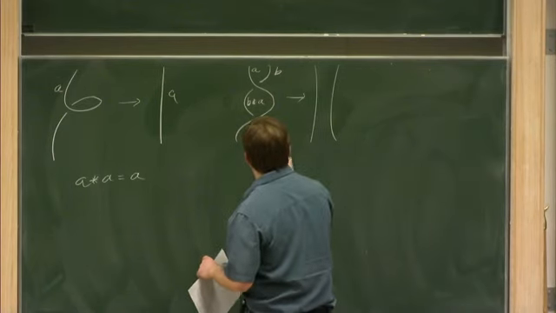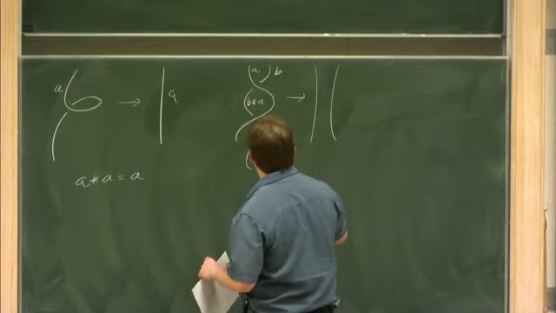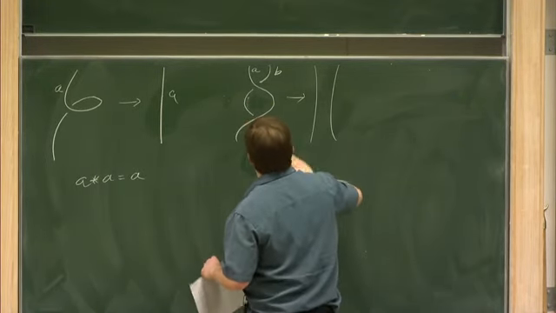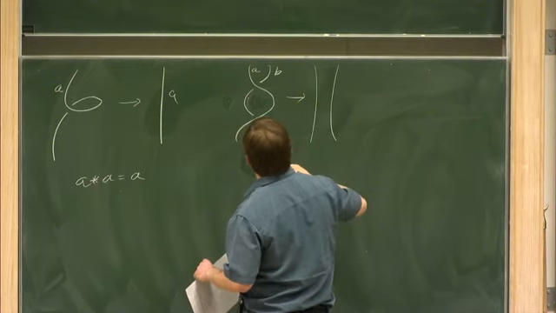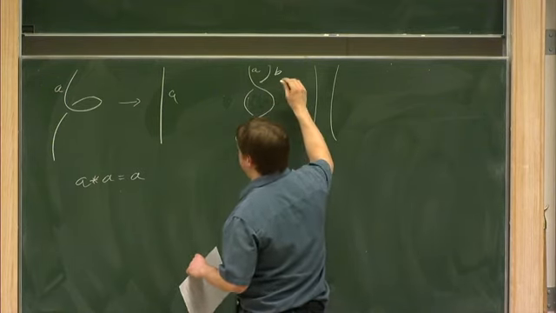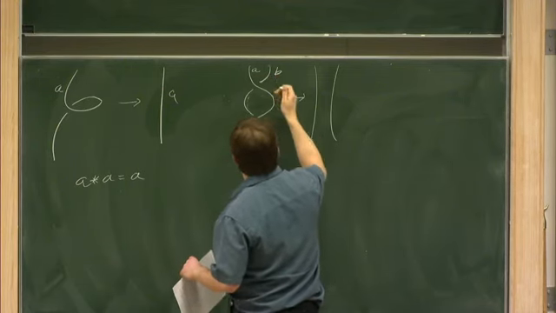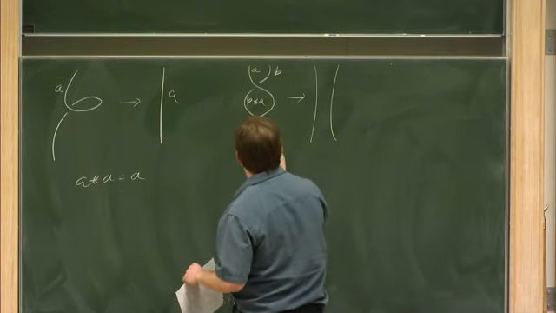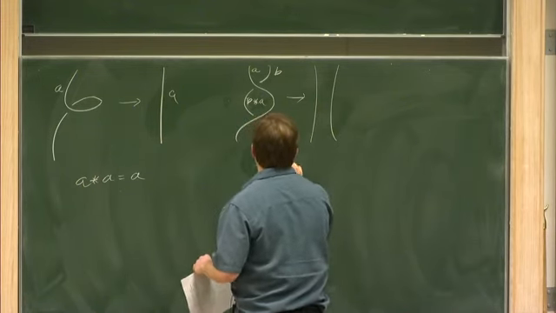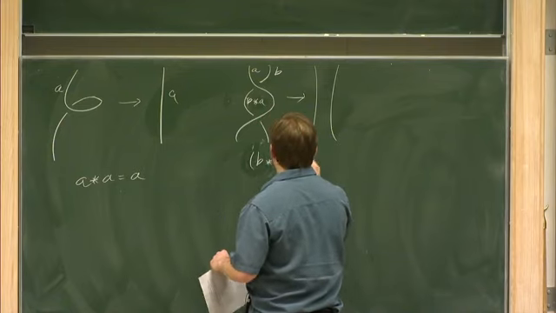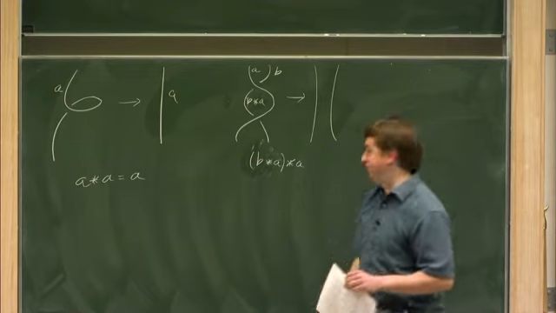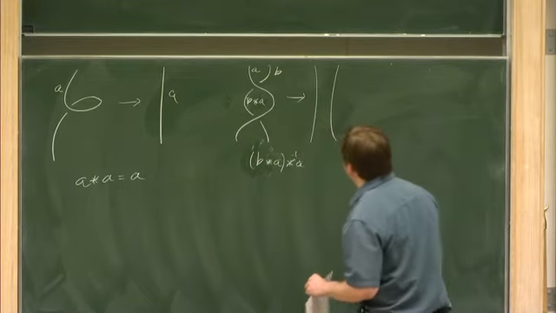But this becomes B star A, and then B star A, and this is where I discover that my cheat sheet does right distributive algebras rather than left distributive algebras.